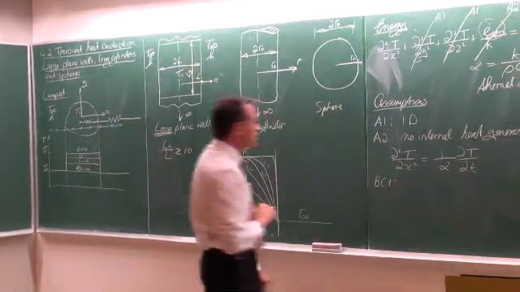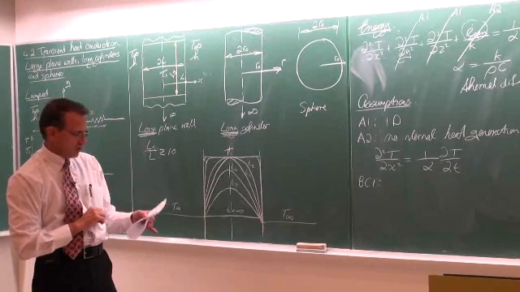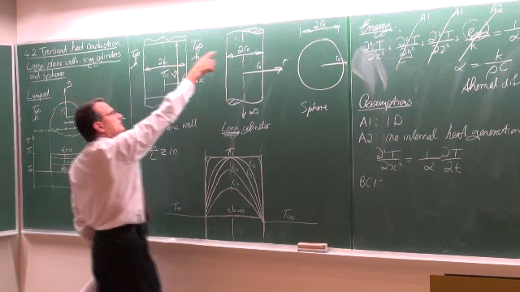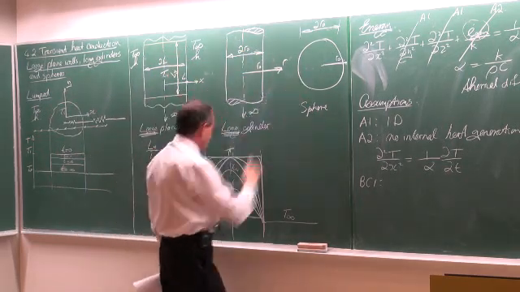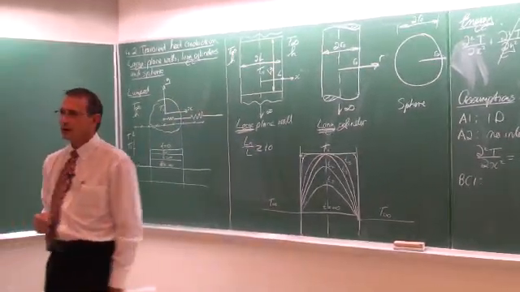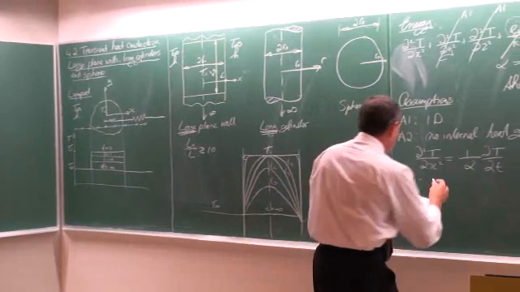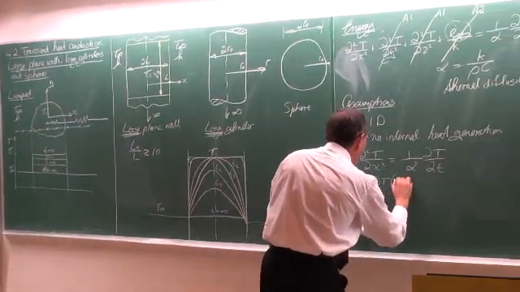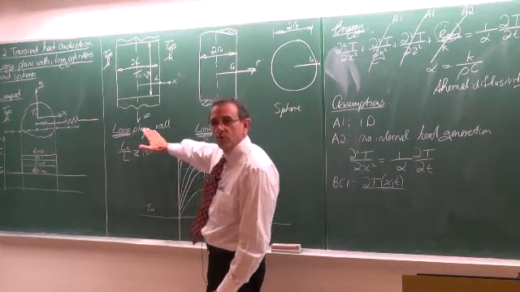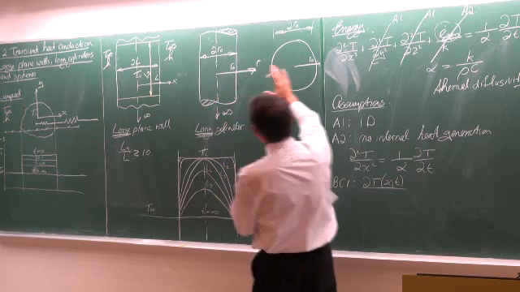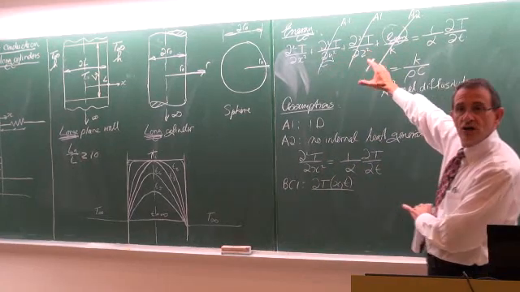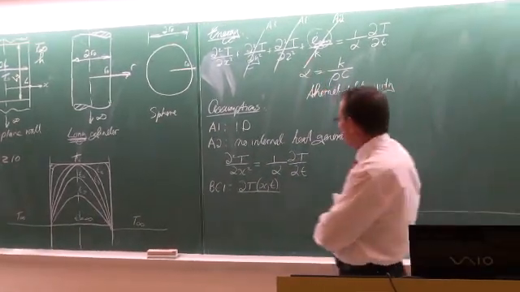The first boundary condition, BC1, says that the temperature gradient on the center line would be equal to 0, always. Okay, that's the first boundary condition. And I'm doing it now in terms of the large plane wall. Obviously, you can go and do it for the long cylinder and the sphere also. For the sphere, the equation is going to look a little bit different, but it's the same principle.